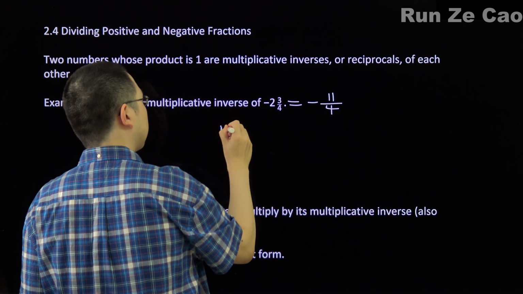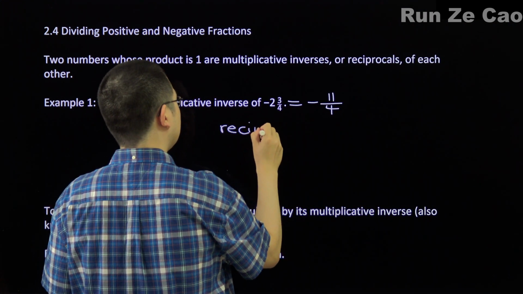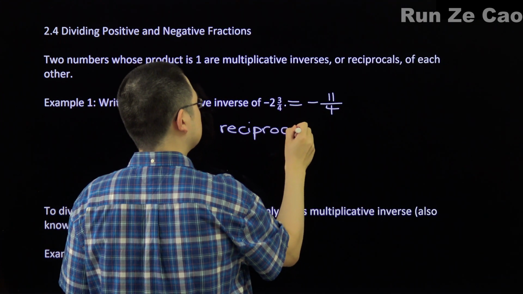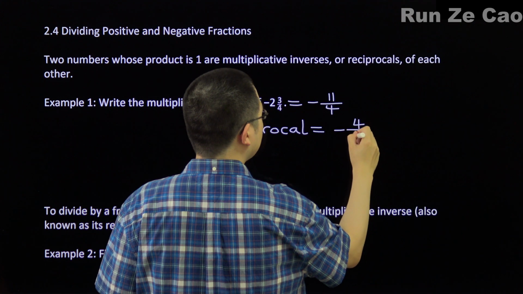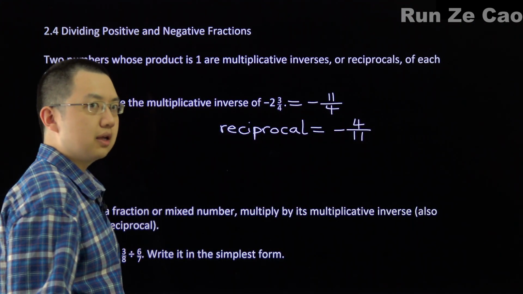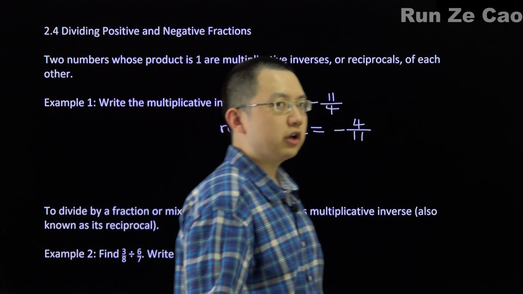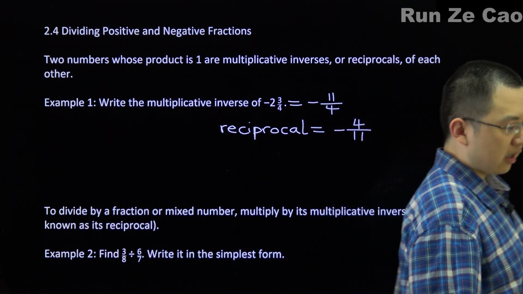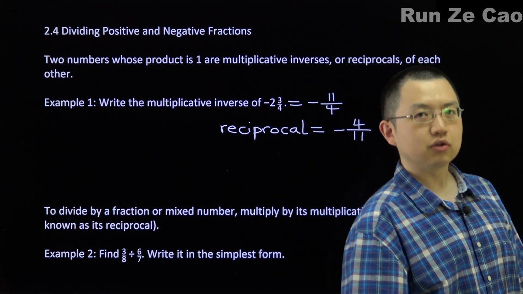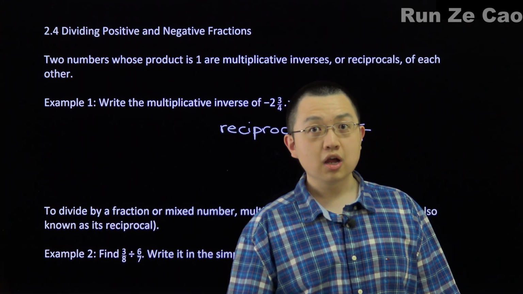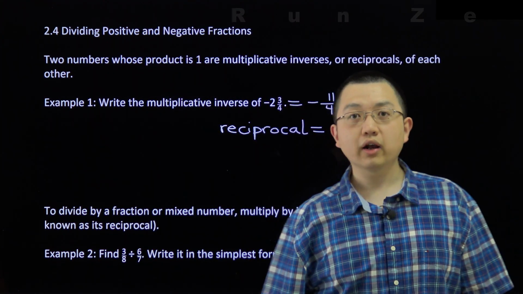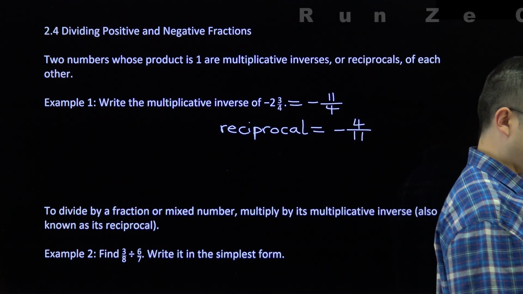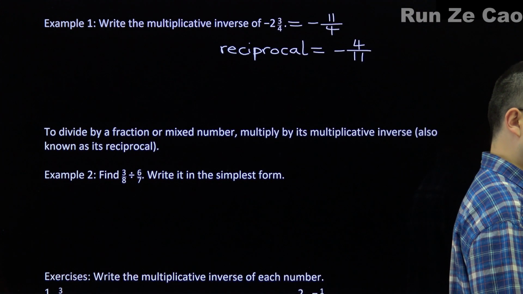So the reciprocal is -4/11. Yeah, you just flip the numerator and denominator. If there's a negative sign, you leave it there, because two negatives multiply to positive. Hence, the product is 1. They are multiplicative inverses of each other.